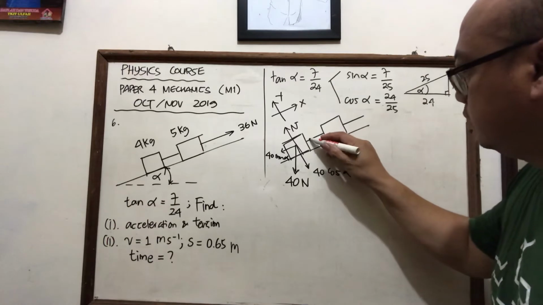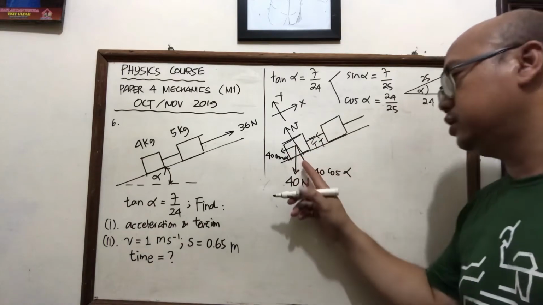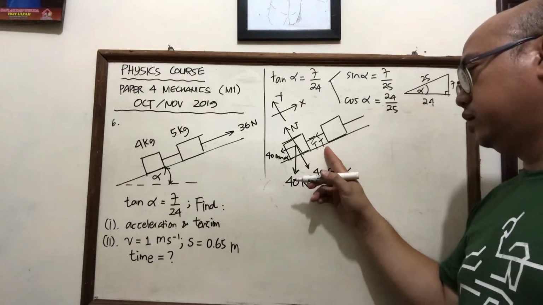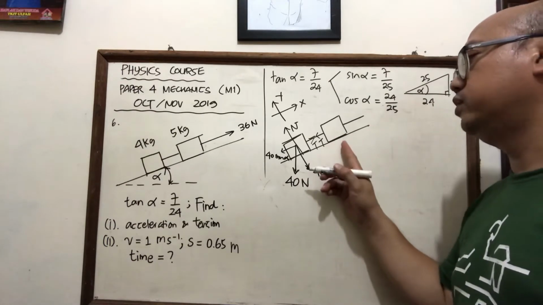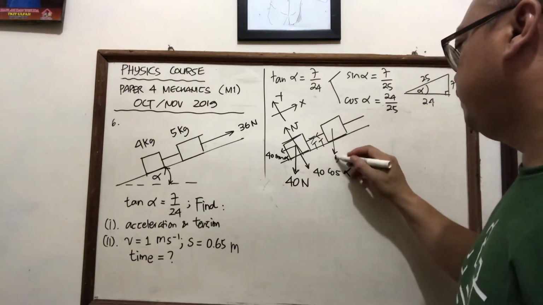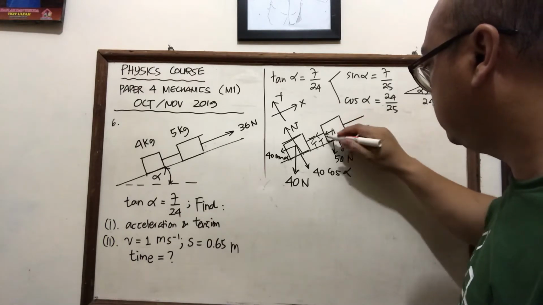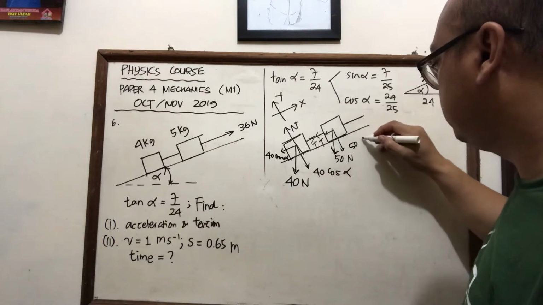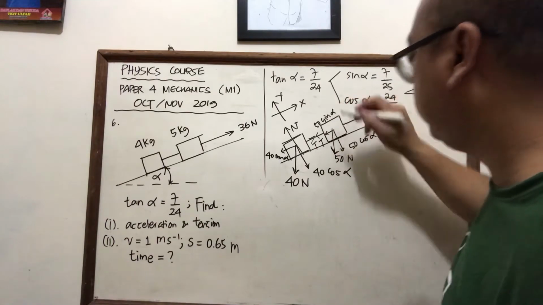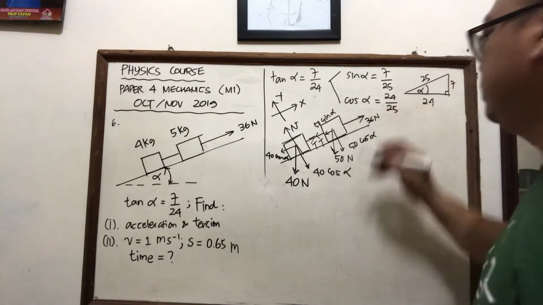Then we have the tension here, T and T. T on the left side acts on the 4 kilogram mass, and the right one acts on the mass of 5 kilograms. And then for mass 2 we have 50 Newton, and also 50 cos alpha, and here is 50 sine alpha, and then the pulling force of 36 Newton.